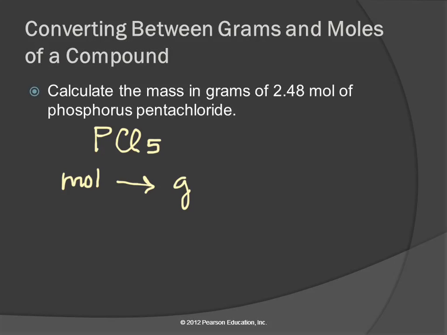1 mole of phosphorus is 30.97 grams. And then we have 5 moles of chlorine, and they're 35.45 grams each.